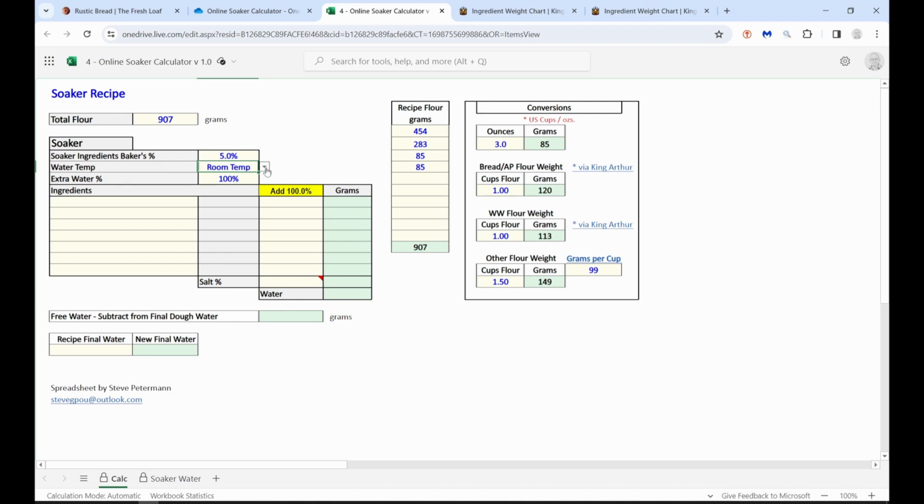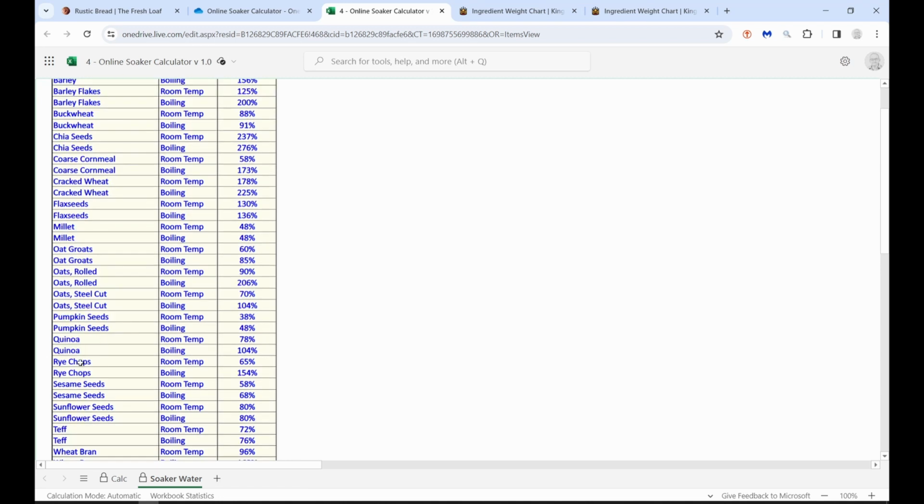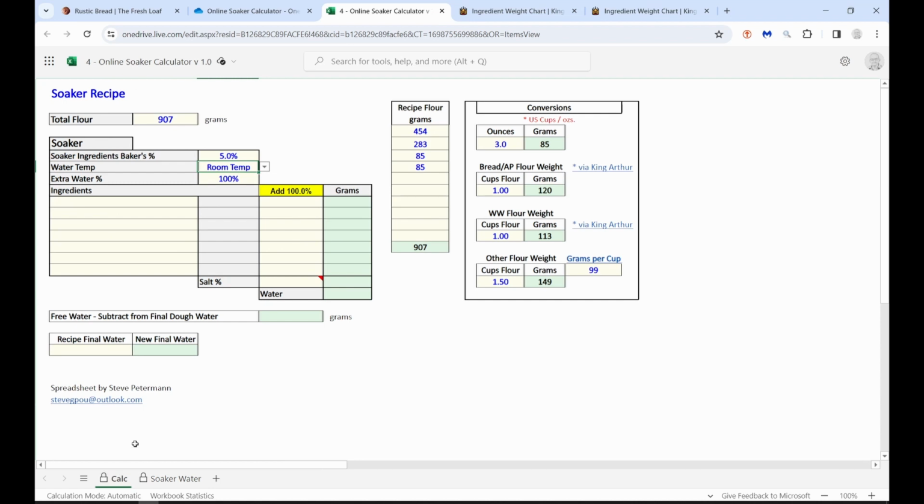You can use room temperature water or boiling water. In some cases, for some ingredients, like perhaps fried chops, these are hard ingredients, coarse cornmeal, that you may want to use boiling water instead of room temperature water because it's a little easier to hydrate them. So there's a choice there that you can make.